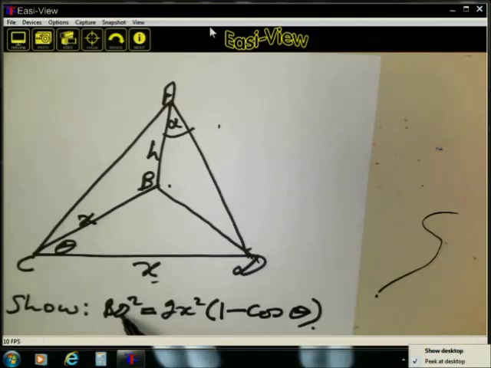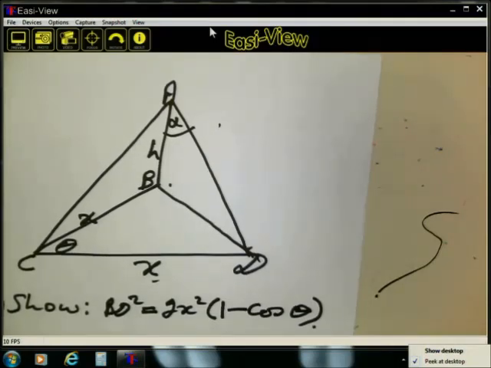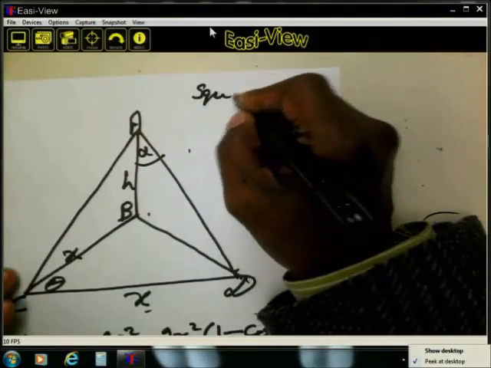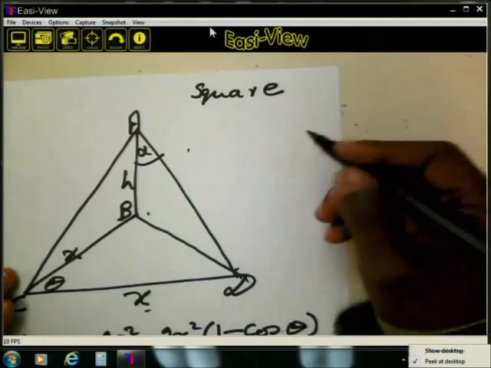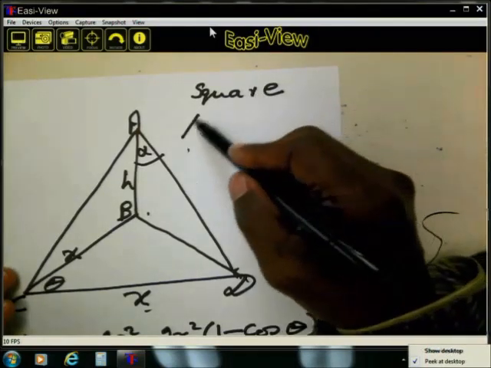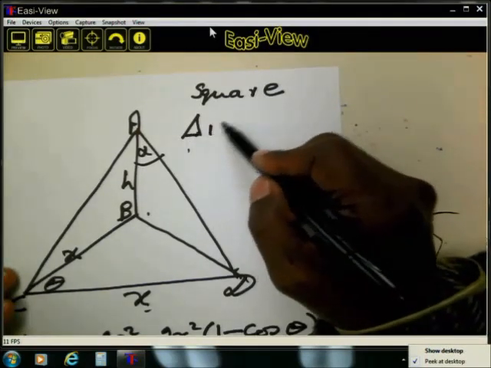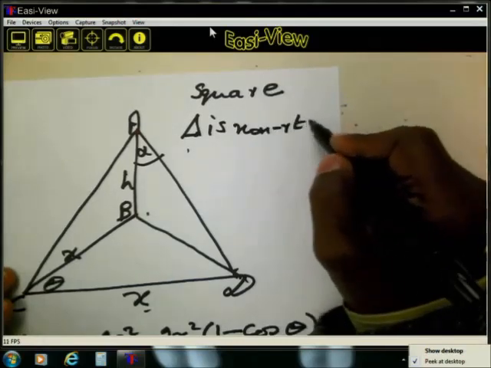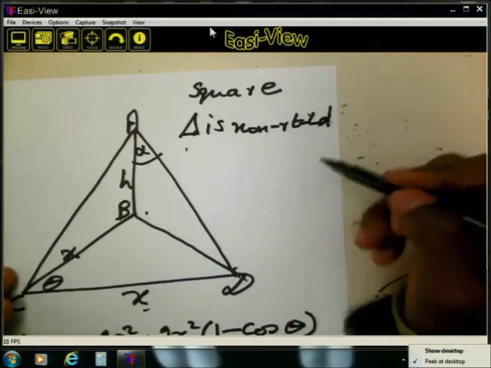What does this suggest to you? This is a square. Two things should suggest to you. One, you are having a square. And two, the triangle is non-right angled.